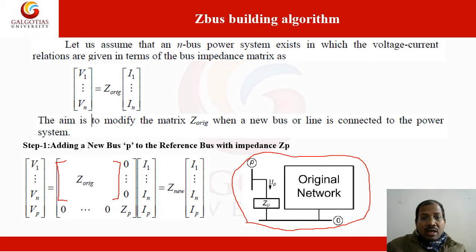So these are the zero terms, and the diagonal element is the same as ZP. This is the Z new. So if in the network we are adding a new bus to the reference bus with an impedance ZP, then we can use this step 1.